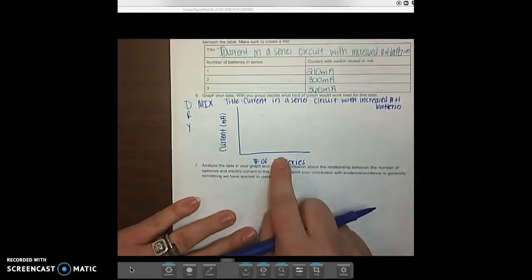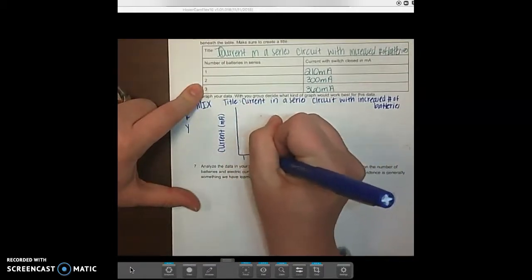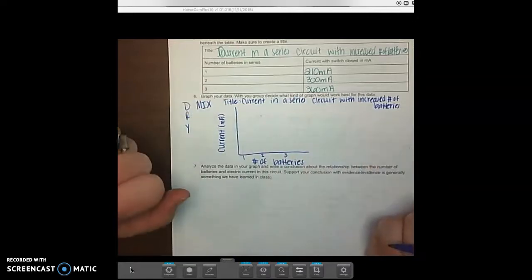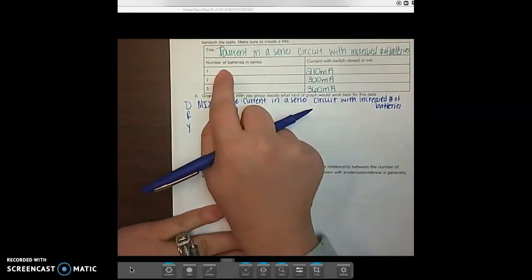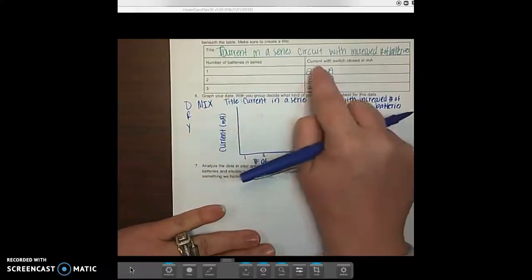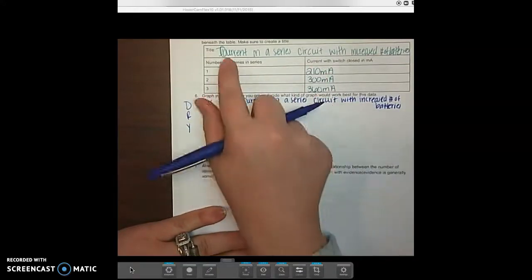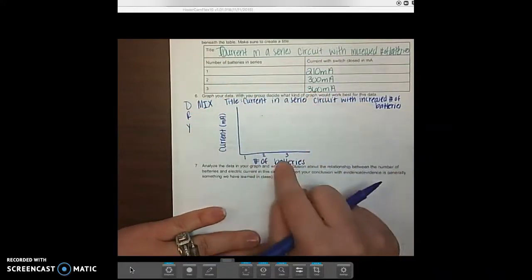So we know that our number of batteries is 1, 2, and 3. And we have learned from our unit on graphing that this kind of information, we have quantitative and quantitative. Remember, numbers and numbers, so it's going to be a bar graph.